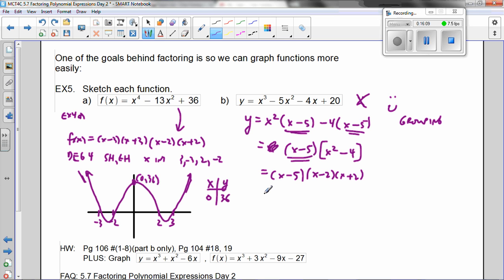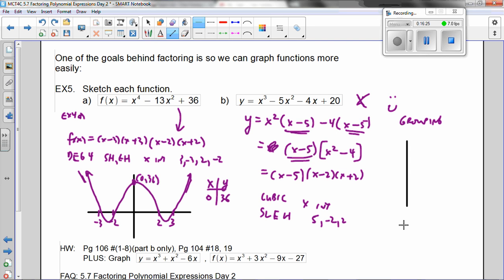So real quick, this is a cubic. The degree's 3. Leading coefficient's positive, so it starts low and ends high. And then I've got those as x-intercepts: 5, -2, and 2. This is good. All this factoring actually is helping me do graphs, which is the whole point of this chapter. -2 is there, 2 is over there, we'll say.